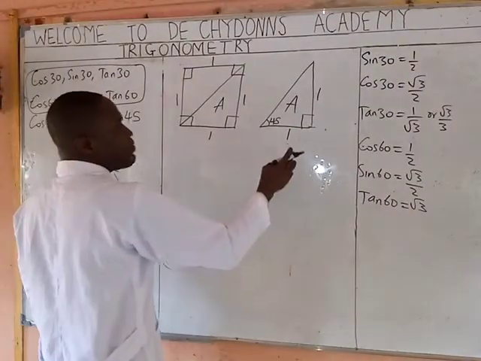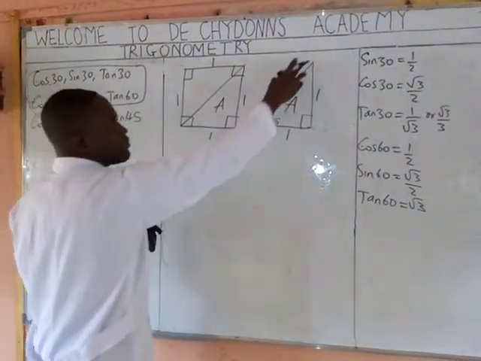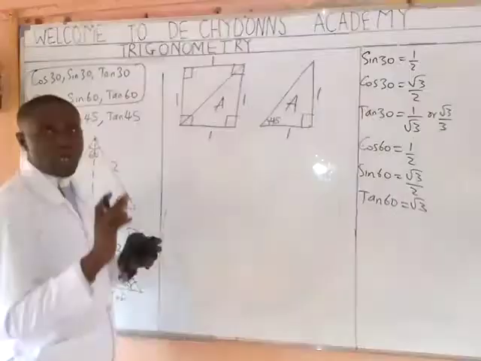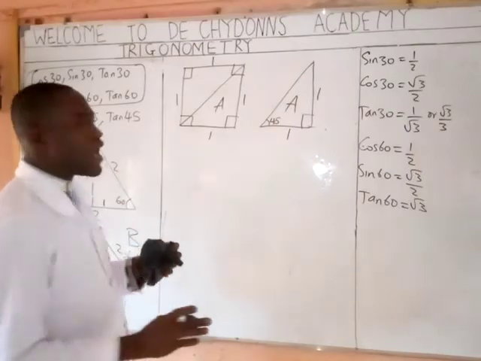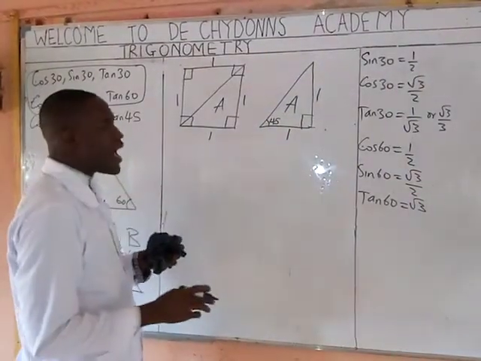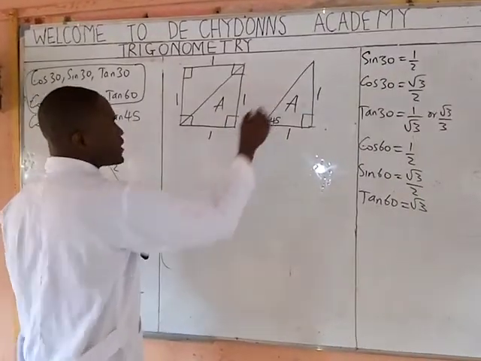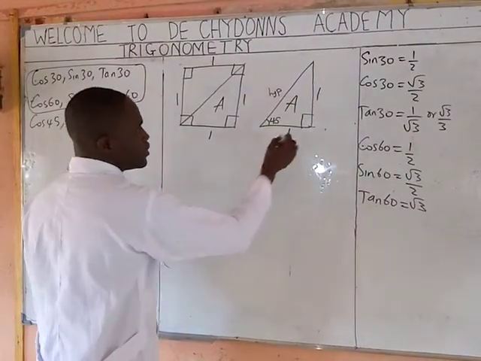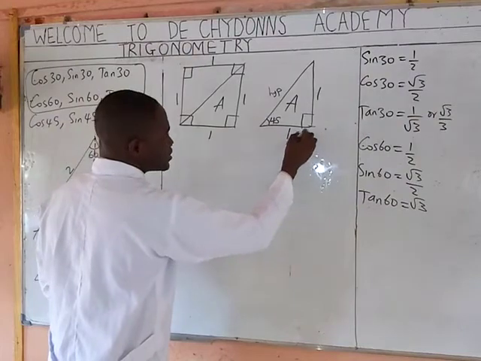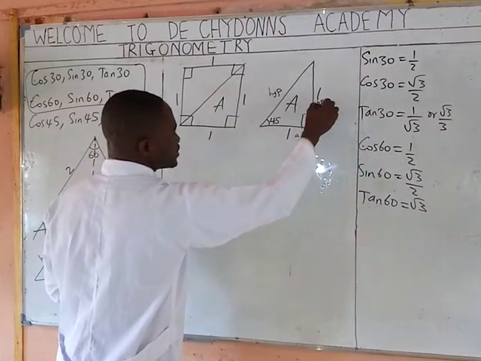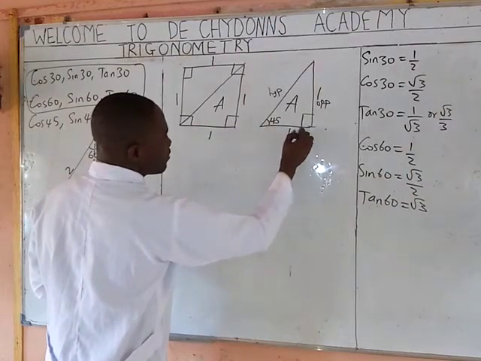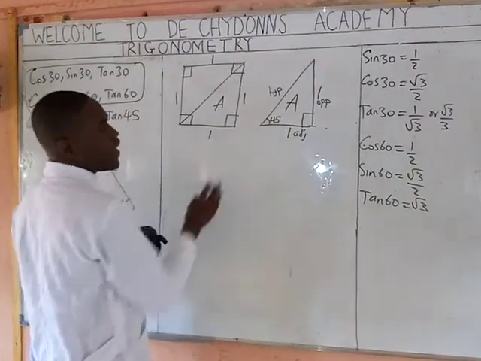Then you remember that Pythagoras theorem can be applied here because this is a right angle triangle. Pythagoras theorem is only applied in a right angle triangle. Here is the hypotenuse, here is the adjacent, and here is the opposite, because the adjacent joins the hypotenuse in forming the angle 45.